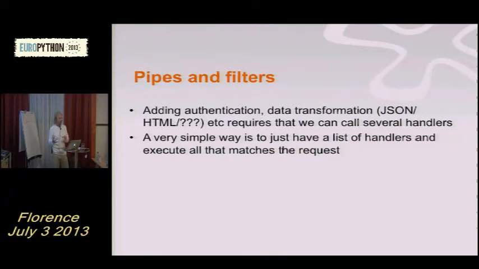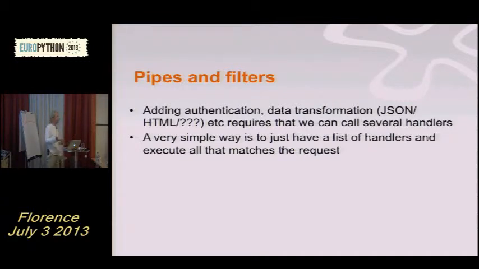So we would return sort of raw data from the handlers and encode them in the server. But if that part is supposed to be pluggable, we need to be able to use several handlers for the same request and call them sequentially. And that can be passing data through or just calling them.